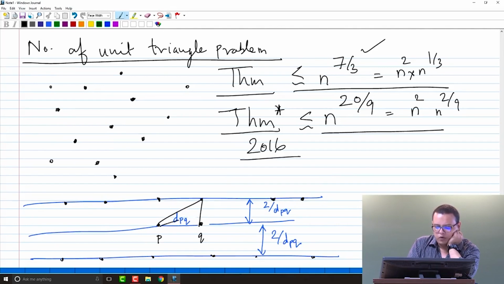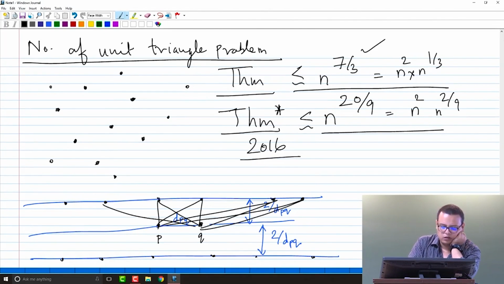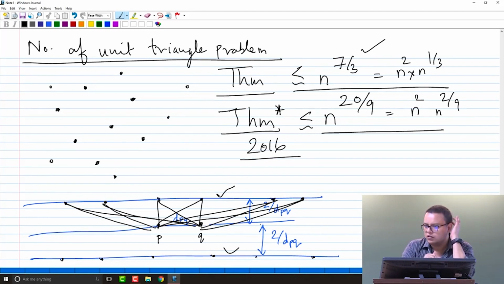All of them will make unit area, right? What am I using here? I am using the formula for the area of a triangle, half into base into height, right? So if I know the number of points here and the number of points here, I am done.